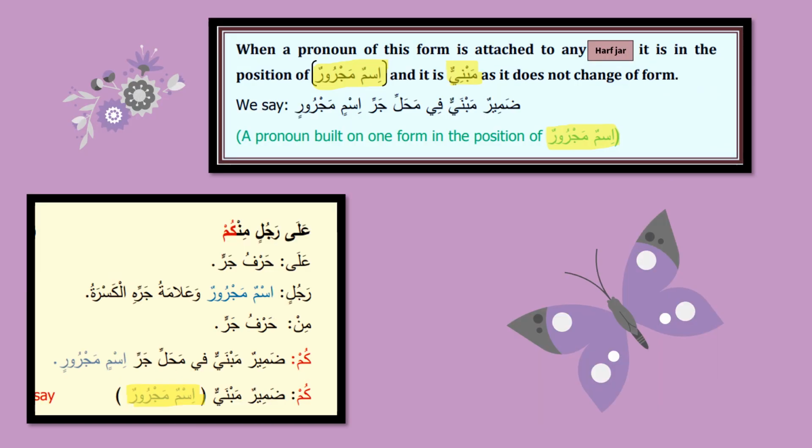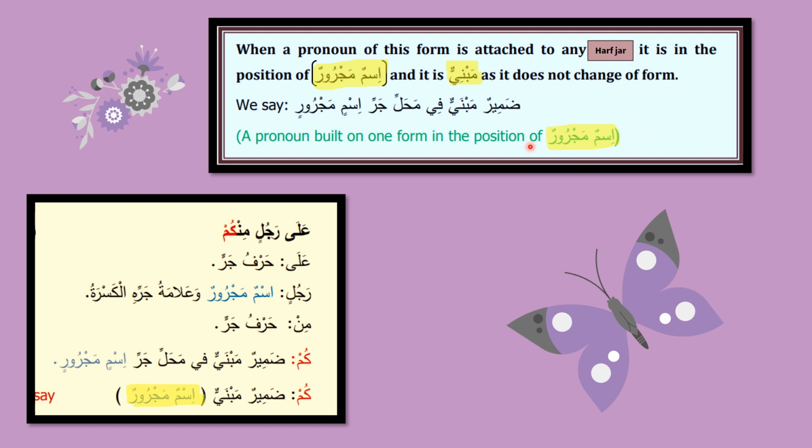Now after learning to attach the attached pronouns with the harf jar, let's learn what will be the position of the attached pronoun when it gets attached with the harf jar. So the position will be ism majroor.